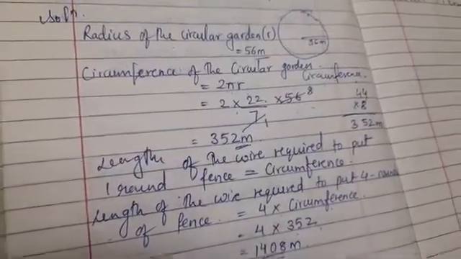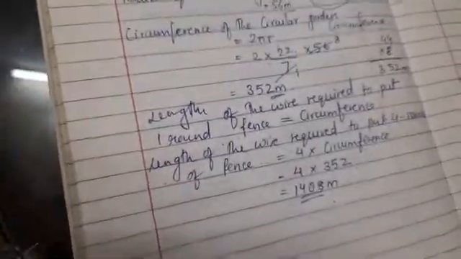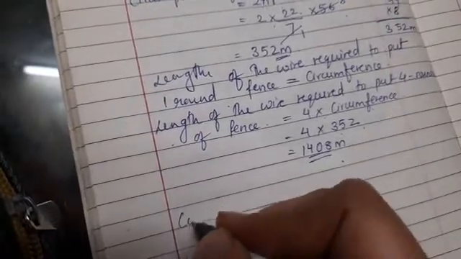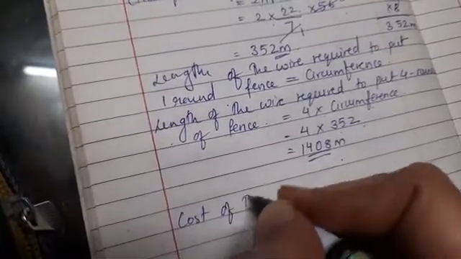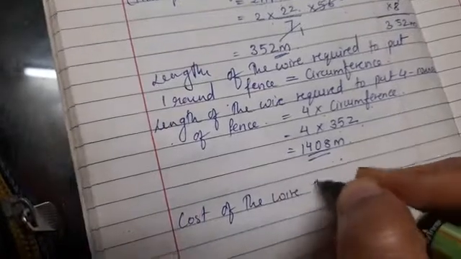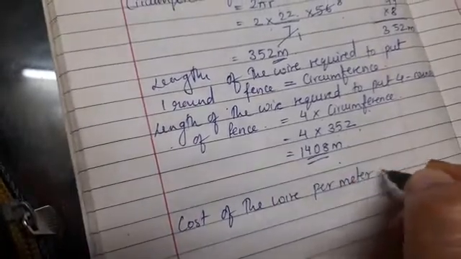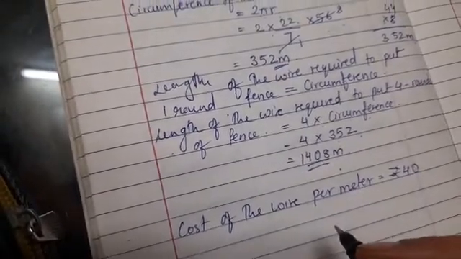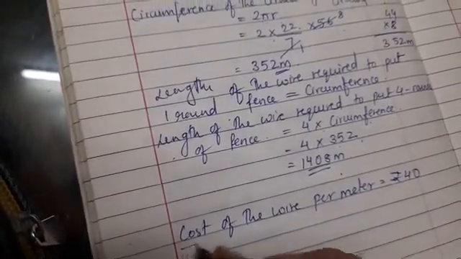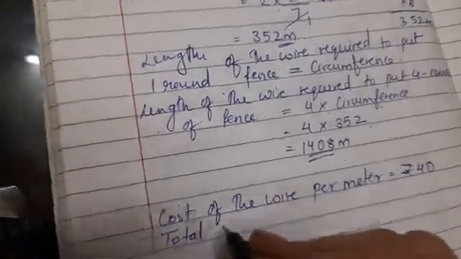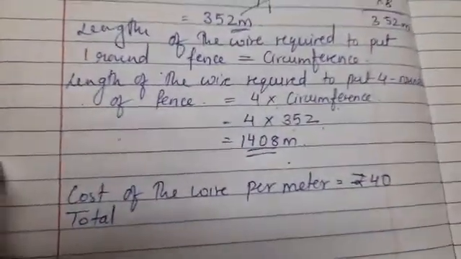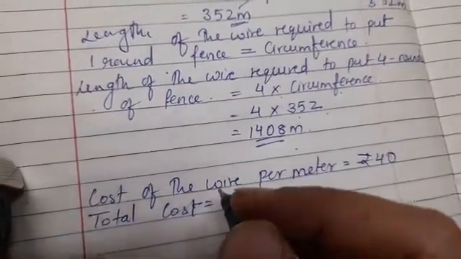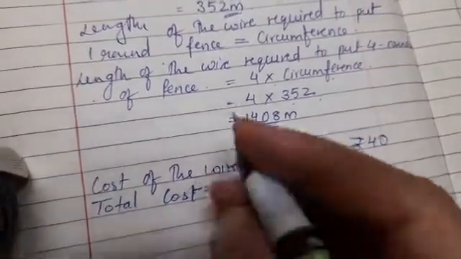So let's write: the cost of the wire per meter is equal to rupees 40. So the total cost is equal to the length of the wire required multiplied by the cost of the wire.